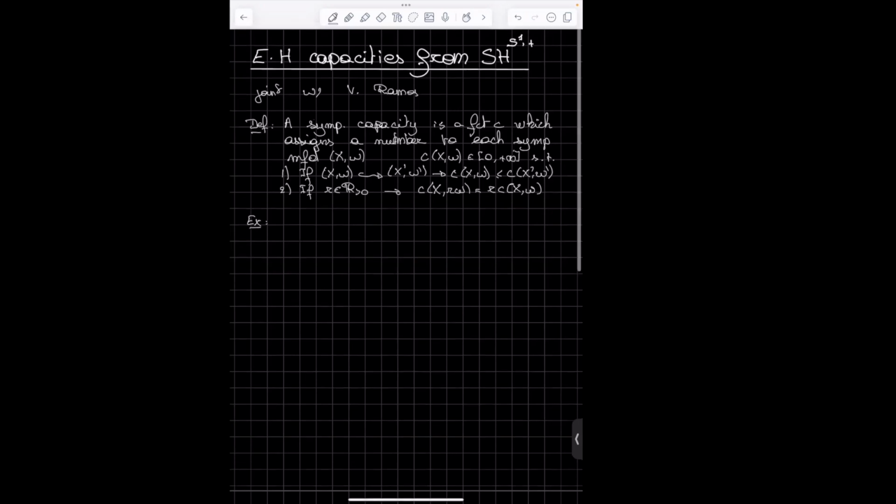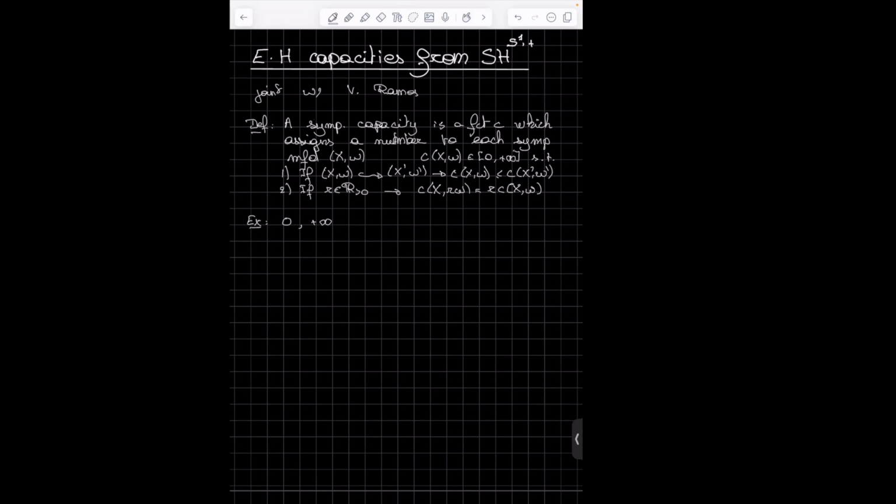The second axiom is conformality: if you take a positive real number r, then the number associated to X and r times omega is r times the number associated to (X, omega). Examples of symplectic capacities: of course we have the functions that associate 0, respectively plus infinity, to every symplectic manifold.